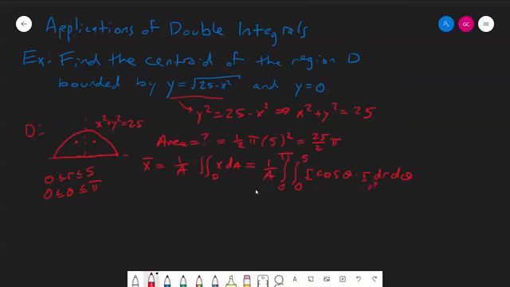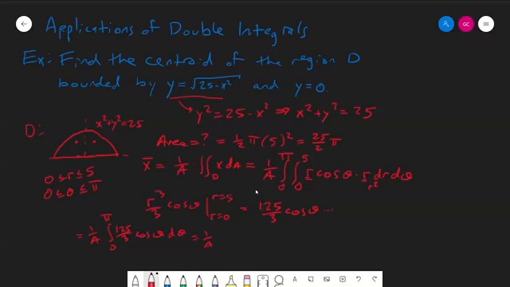And when I integrate that, you get r cubed over 3 times cosine theta, where r goes from 0 to 5. Okay, so that gets you 125 thirds of cosine theta. And so now you have 1 over the area times the integral from 0 to pi of 125 thirds cosine theta d theta.